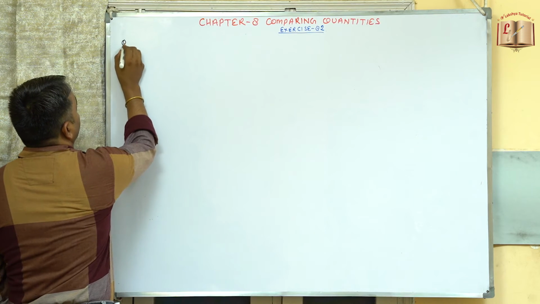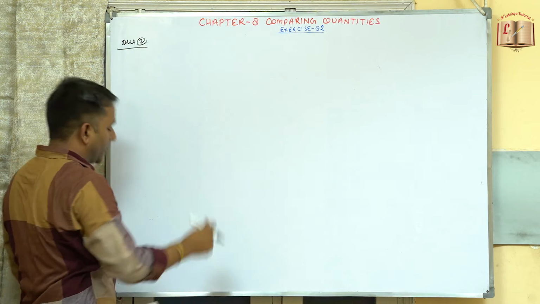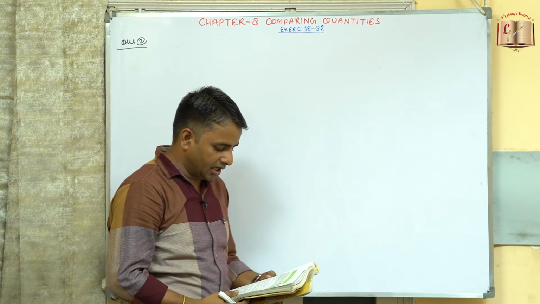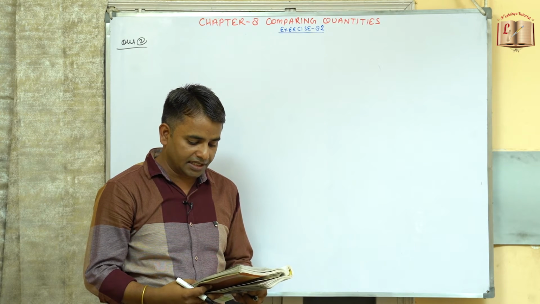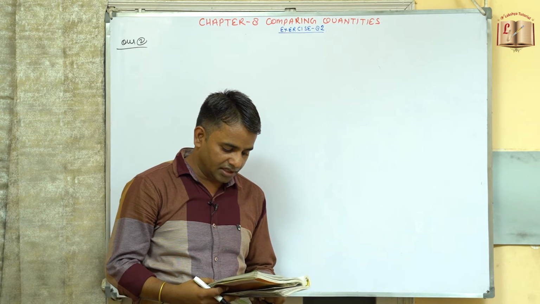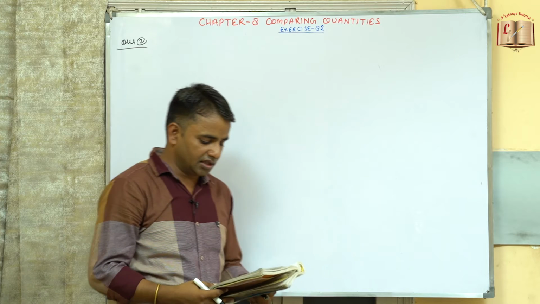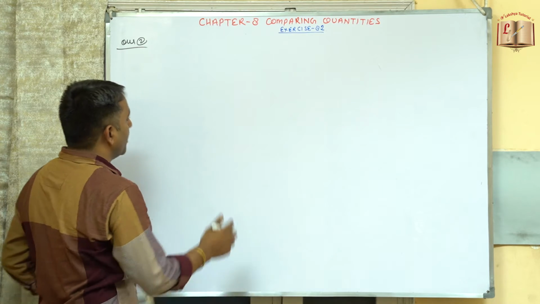So come to the question number 2. On Sunday, 845 people went to the zoo. On Monday, only 169 people went. What is the percentage decrease in the people visiting the zoo on Monday?